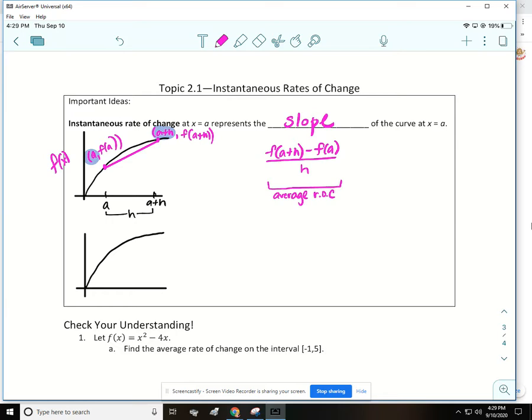But let's say we don't want the average rate of change. Let's say we want the instantaneous rate of change.